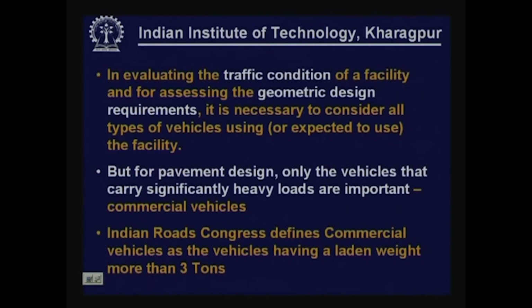For example, in evaluating the traffic condition, the quality of flow on a given road, and also in assessing the adequacy of geometric design features, all these aspects we have studied in the earlier lessons, it would be necessary to consider all these vehicles that I have listed in the previous slide, whether small or big, whether it carries small load or heavy load. All these vehicles are important from the point of view of geometric design, because we provide specific geometric design features for specific design vehicles.